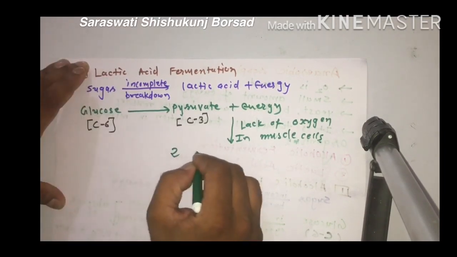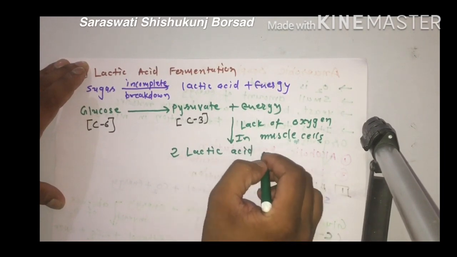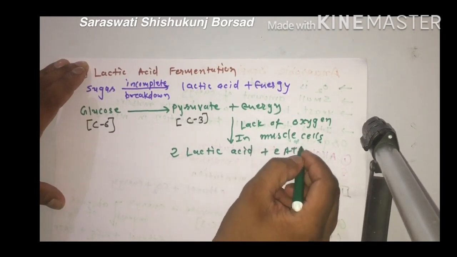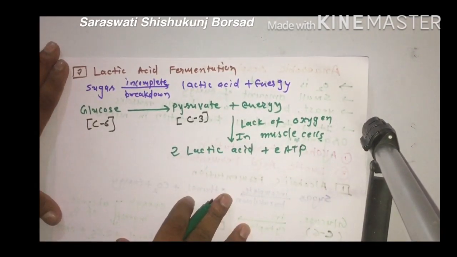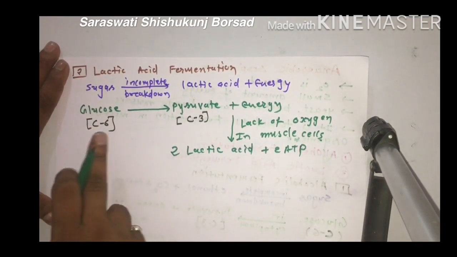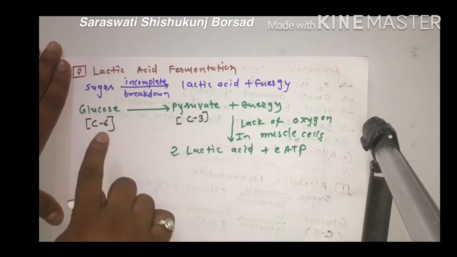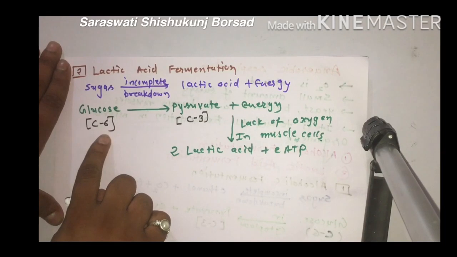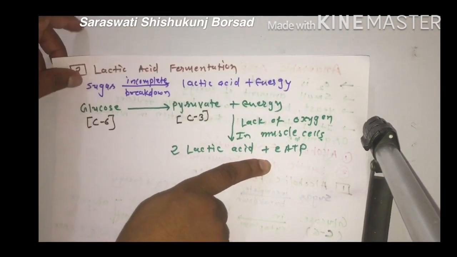We will get 2 moles of lactic acid plus 2 ATP of energy, right? So simple. This is the equation of breakdown of glucose in lactic acid fermentation. Here also there is incomplete breakdown, so the portion of energy which we will get will be very less.